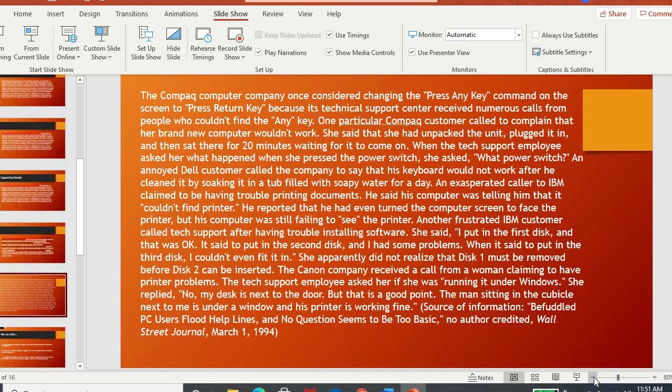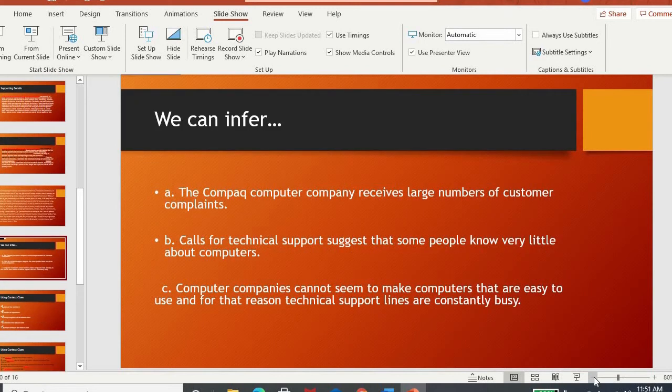Okay, hopefully you have paused the video and read the, I think it's a quite comical paragraph. Looking at this next screen, what can we logically infer? What kind of assumptions can we make? A: that the Compaq computer company receives large numbers of customer complaints; B: that calls for technical support suggest that some people know very little about computers; or C: computer companies cannot seem to make computers that are easy to use, and for that reason technical support lines are constantly busy.